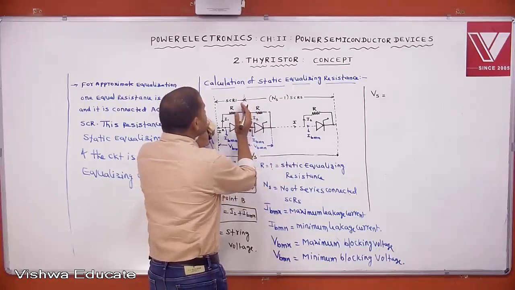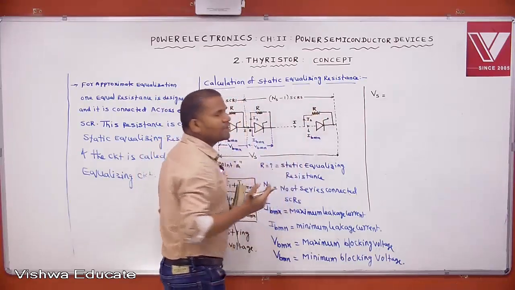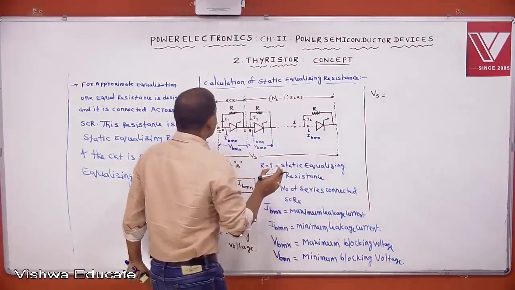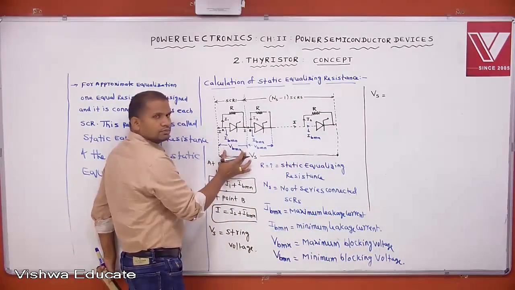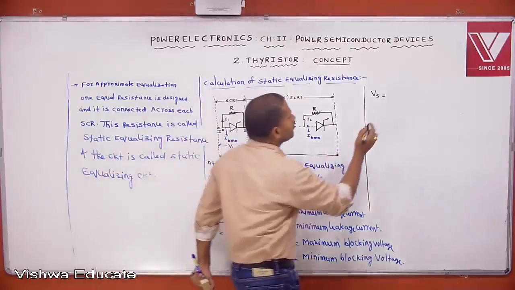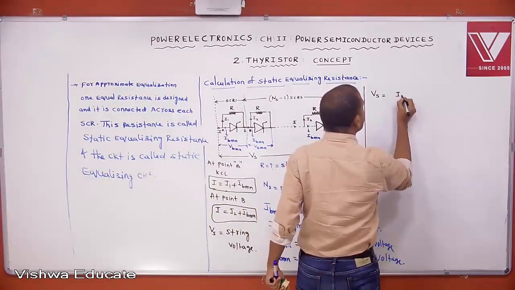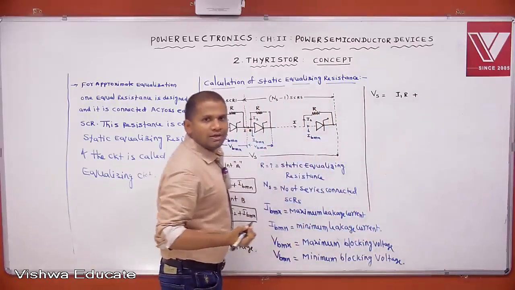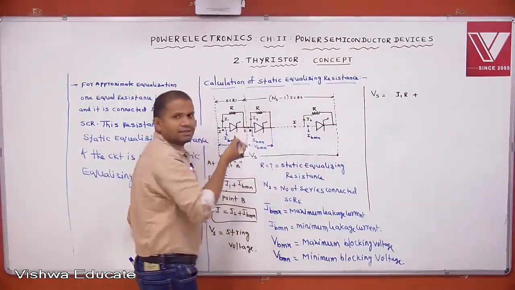Voltage across 1 SCR plus voltage across Ns minus 1 SCRs. Voltage across 1 SCR is how much? I1 into R is equal to VBMX. That is I1 into R plus the voltage across Ns minus 1 SCRs.